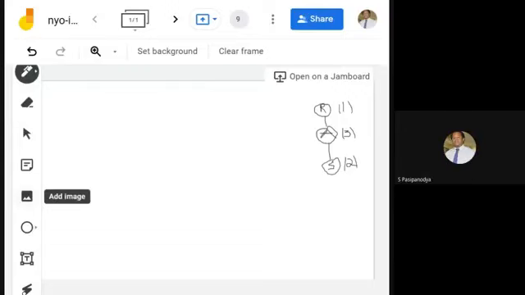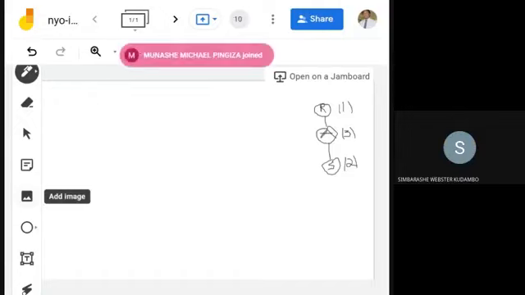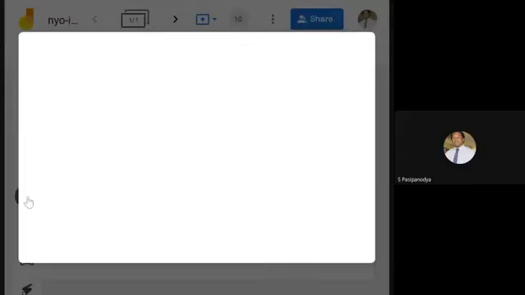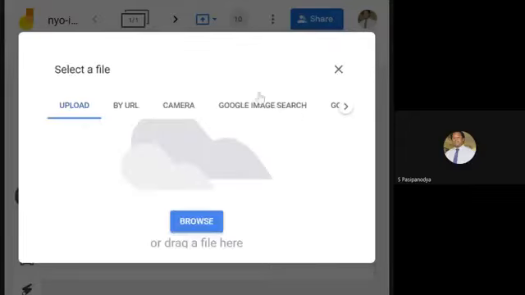That's how you learn. Are you done? You see this icon, you can add an image. Click on the icon, select the image from a location, and then press OK, and the image will pop up.